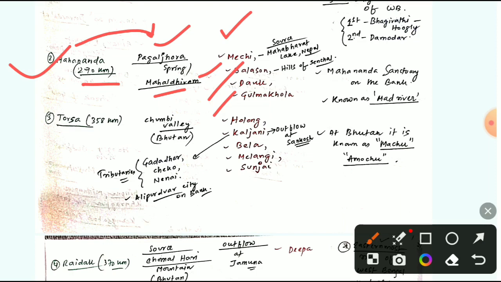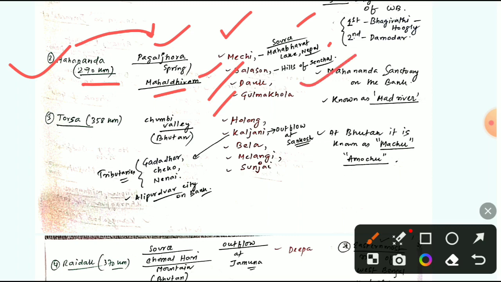And Mechi's source is Mahabharat, a lake in Nepal, and Balason's source is the hills of Senchal. So these tributary sources are also important. So four tributaries of Mahananda.